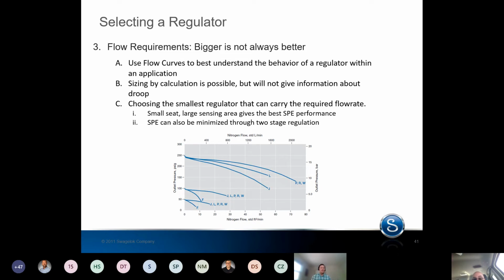So it's always best, if you can, to use the flow curves to understand how that regulator is going to react. Choose the smallest regulator that can carry the flow you need to minimize SPE. And if you really have to eliminate or minimize SPE, go with a two-stage system, and you'll be able to get away from it pretty easily.